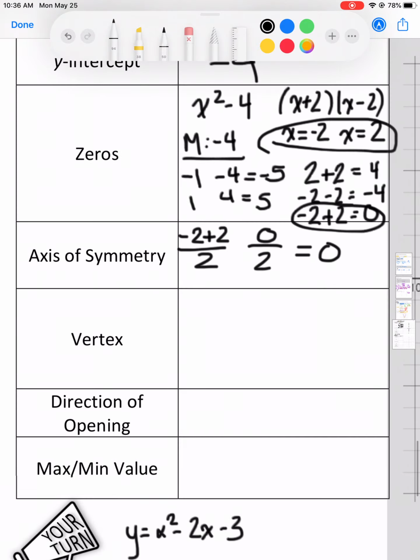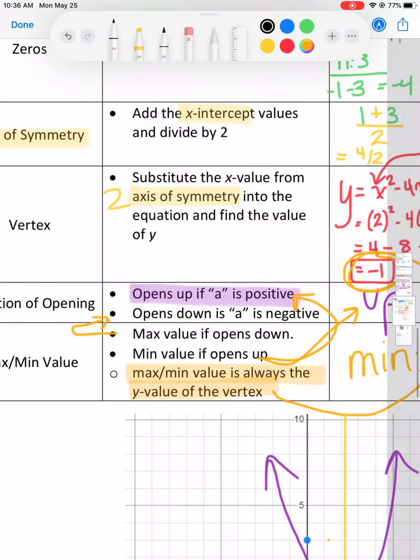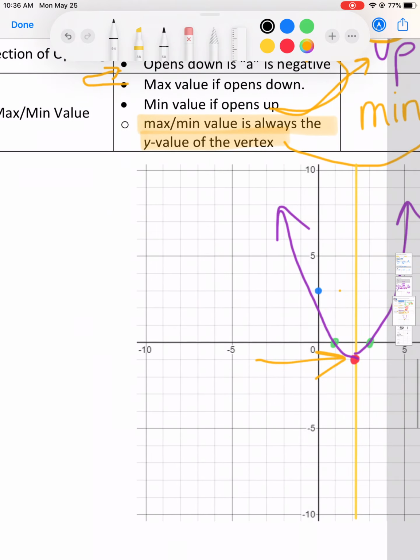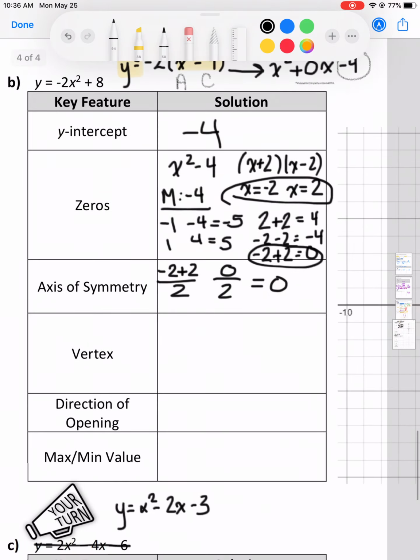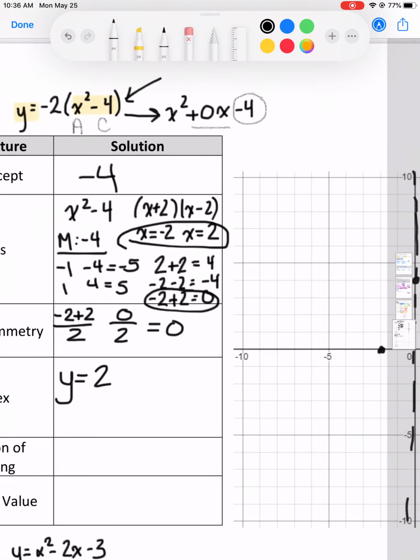My vertex, what do we say about the vertex? Substitute the x value from the axis of symmetry into the equation to find the value of y. Our x value is 0.